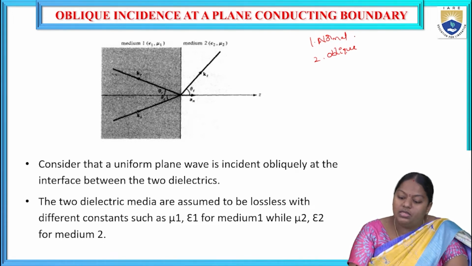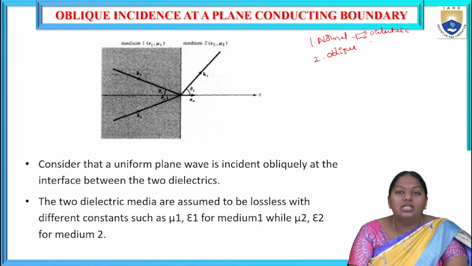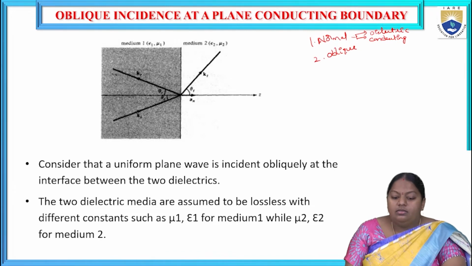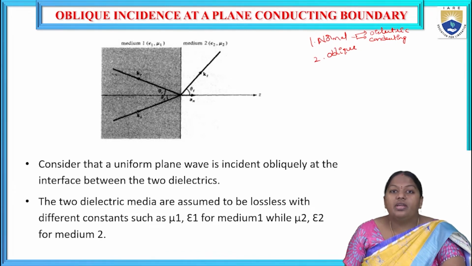Under normal incidence we discussed two cases: normal incidence at a plane dielectric boundary and normal incidence at a plane conducting boundary.